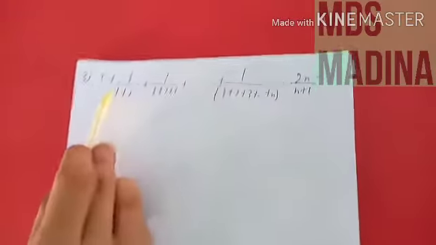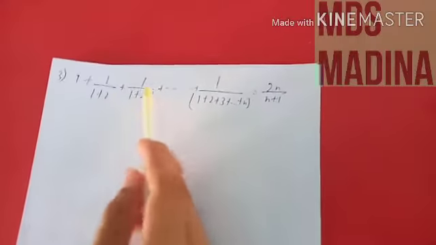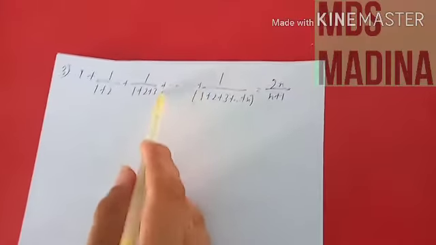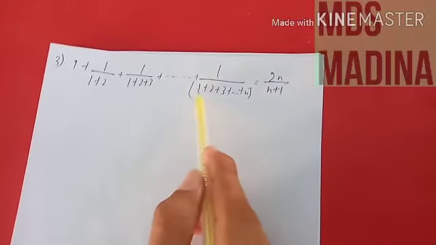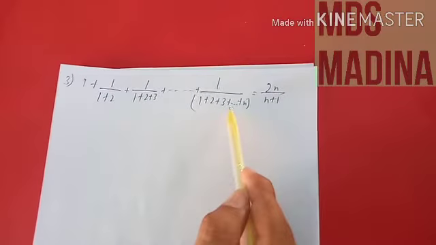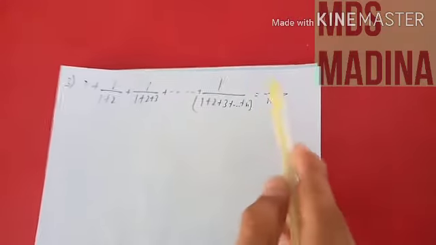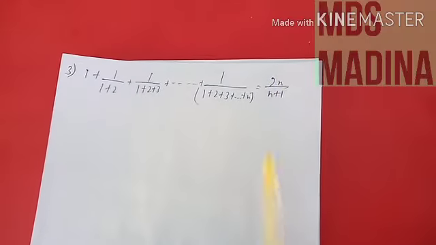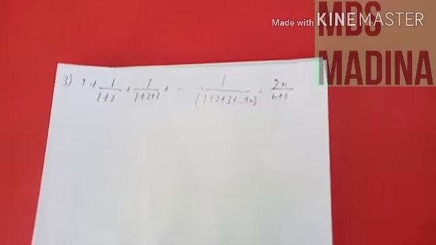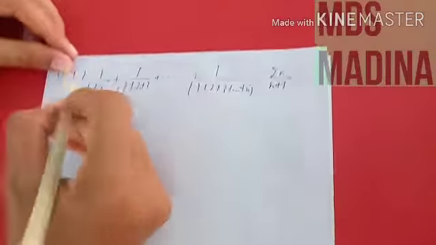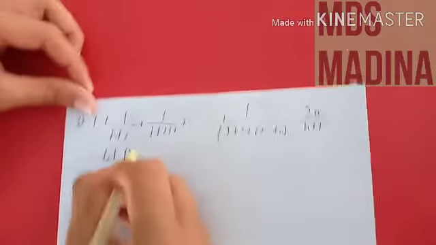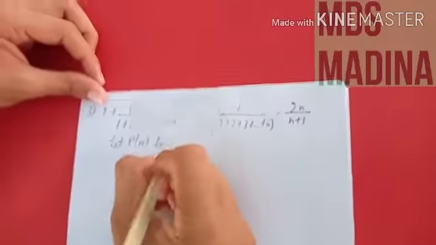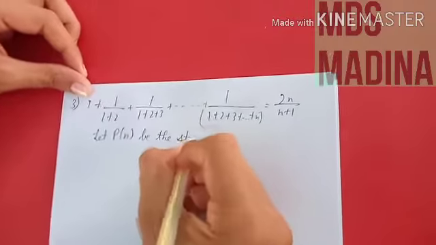that 1 plus 1 by 1 plus 2 plus 1 by 1 plus 2 plus 3, and this way till 1 by 1 plus 2 plus 3 up till n, and that we have to prove equal to 2n by n plus 1. So again first what we will write, let P of n be the statement.